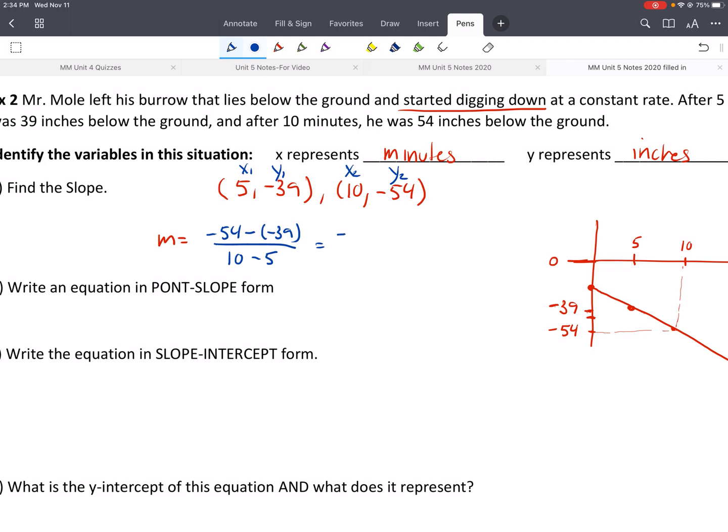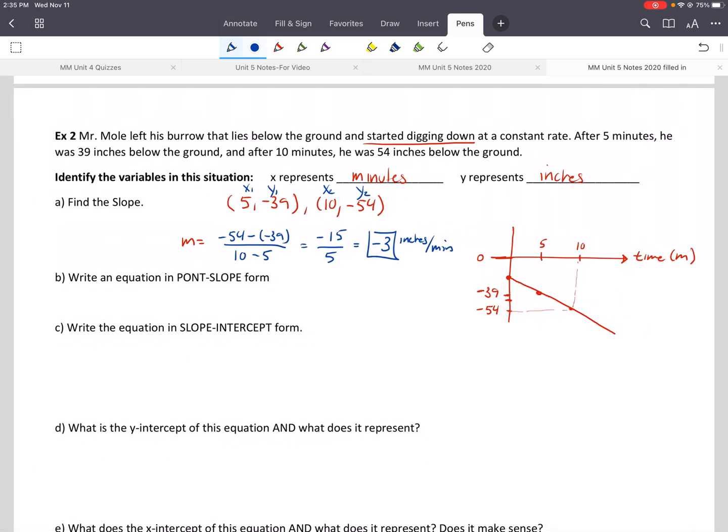This would give us -15 over 5, which is -3. Okay, so the slope is -3. He goes down 3 inches every minute. So we can do inches per minute. Okay, so that is our slope. And that makes sense that it's negative because he's going deeper and deeper.